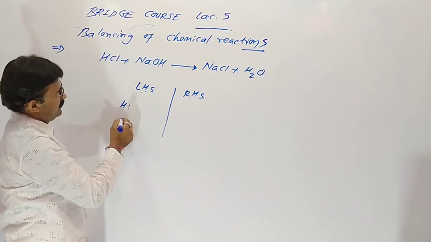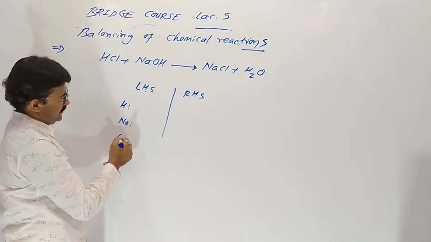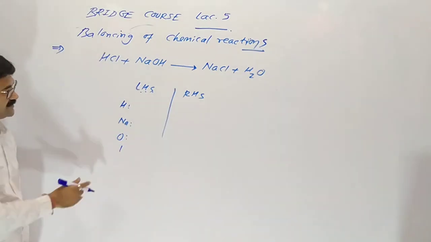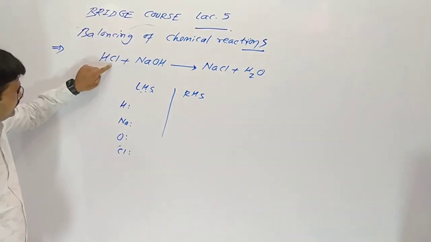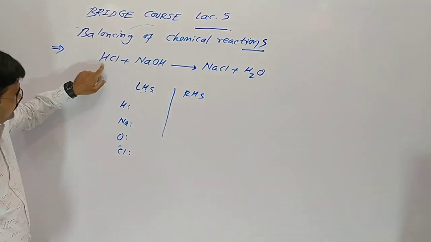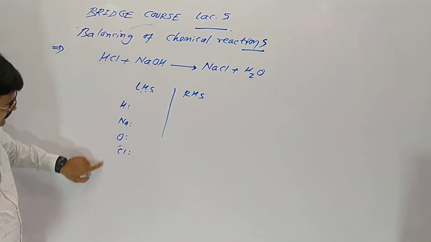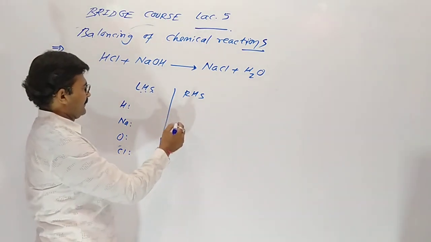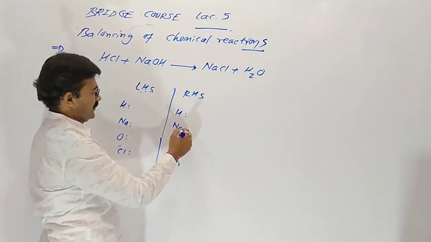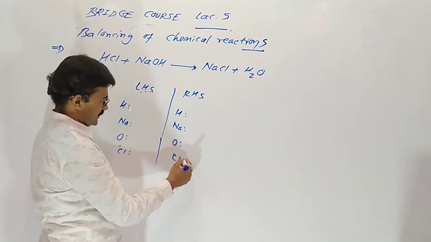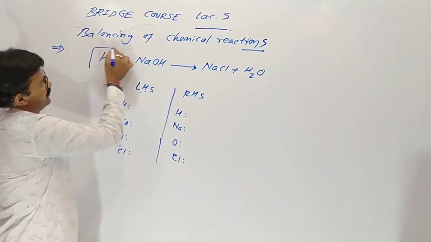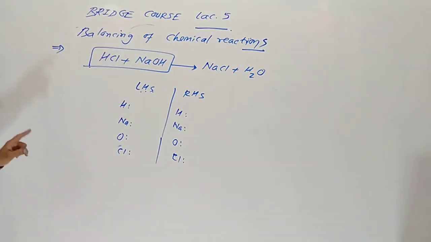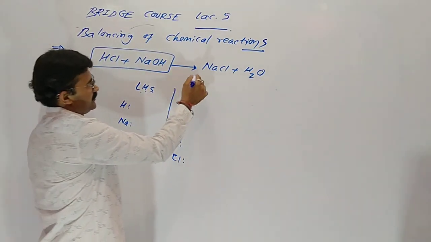Here you can see 4 types of elements: hydrogen, chlorine, sodium, oxygen. Hydrogen repeats. The same types of elements as on the left hand side should be present on the right hand side. Now we have to count the total number of atoms of each element on the left hand side and on the right hand side.